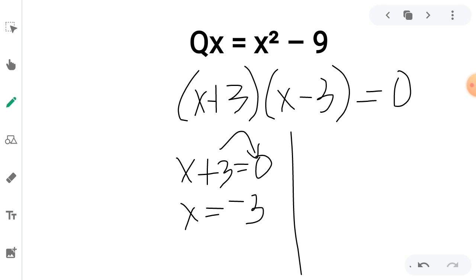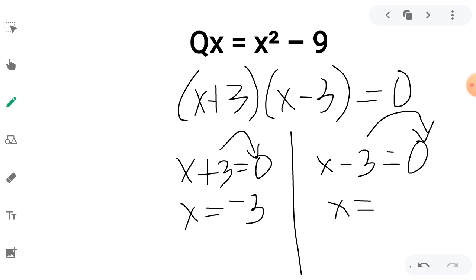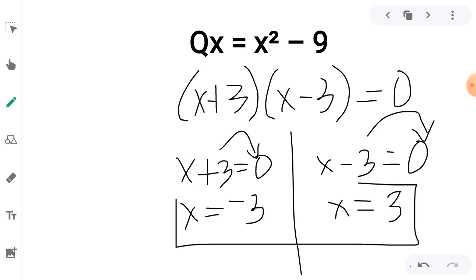We just transpose the positive 3 to the right side. And then for the other factor, x minus 3 is equal to 0. So we need to transpose negative 3 to the right side, so the value of our x is positive 3. So x is equal to negative 3 or x is equal to positive 3.